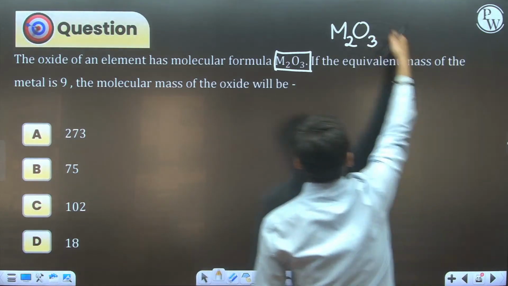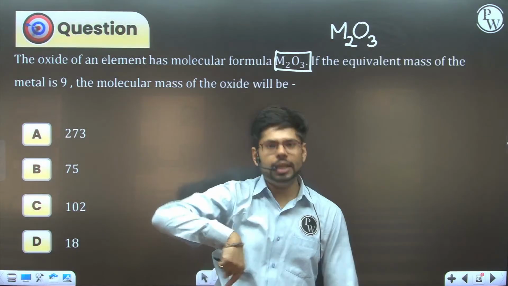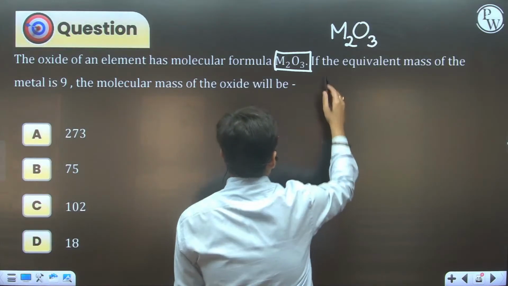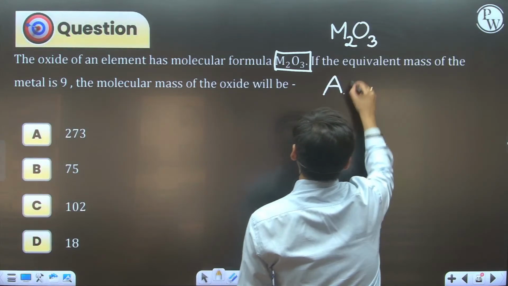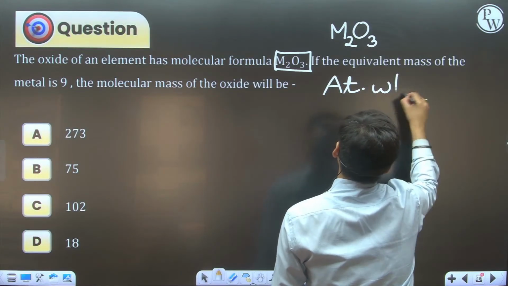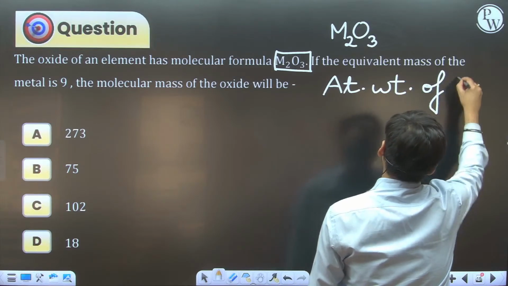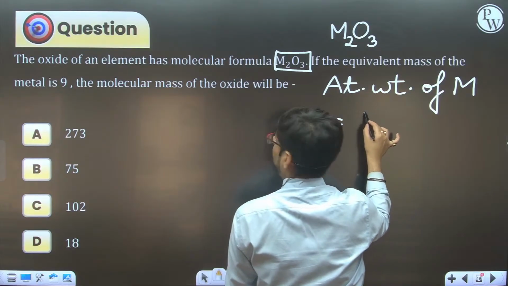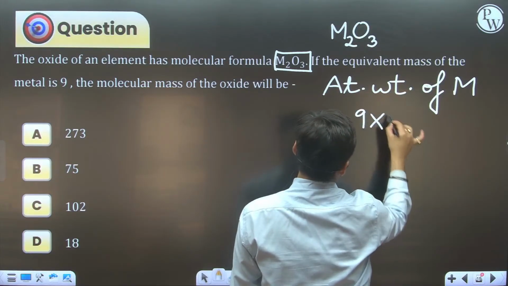So the formula will be M2O3 only if the valency of metal is 3, which means now atomic weight of the metal is equal to what? The equivalent weight, which is 9 multiplied by the valency.